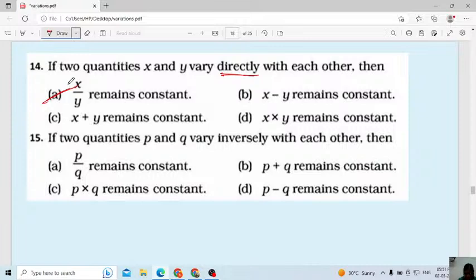X by Y it will be constant. Next one. Inversely proportional with each other. Don't get confused if they give like this question in the exam. Easy. Option C is the correct answer.